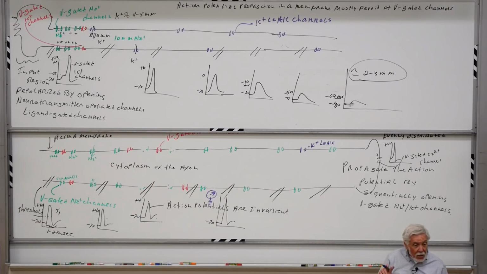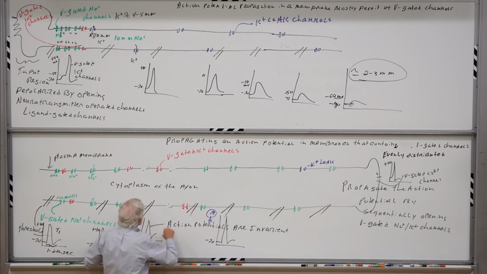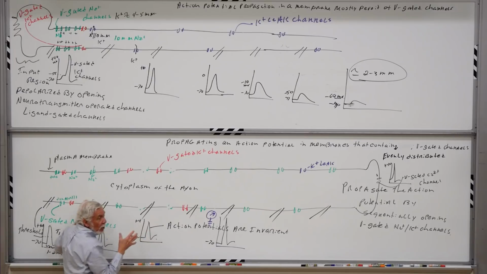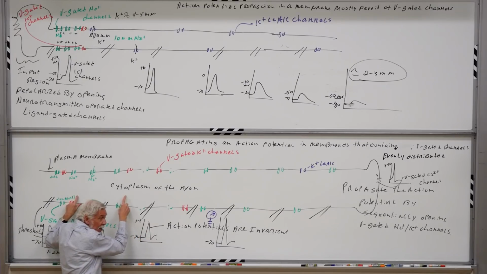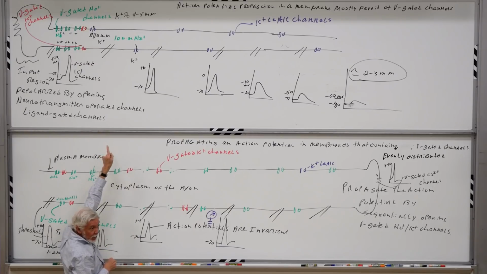Yes? Which one is the accurate representation of actual neurons, or do we have both types? So the question here is, which one of these represents an accurate description of a neuron? This is an accurate description of a neuron. That's not. That's a thought experiment.